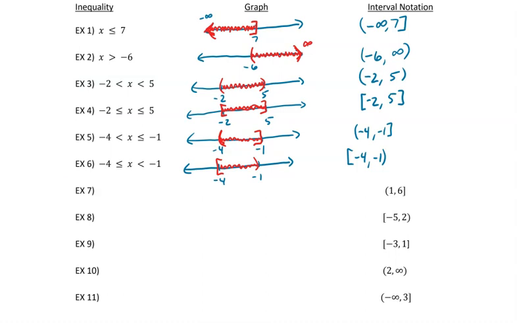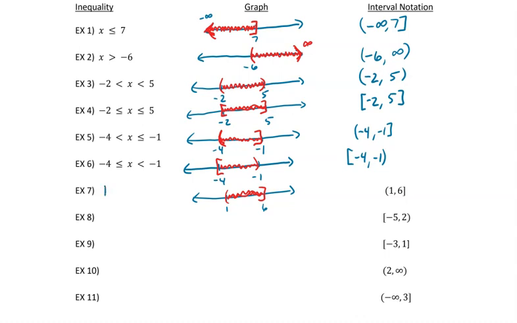All right, so first off, let's go ahead and draw a graph. So for example 7, we have 1 and 6. And it's that region in between them with a parentheses and a bracket. Okay, so remember, this means that x was sandwiched in between those two numbers.